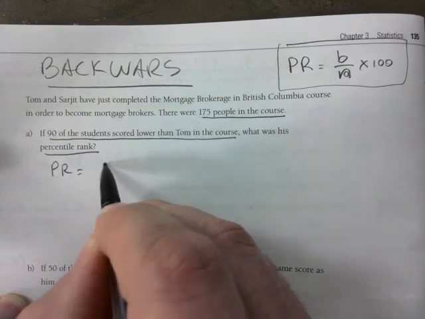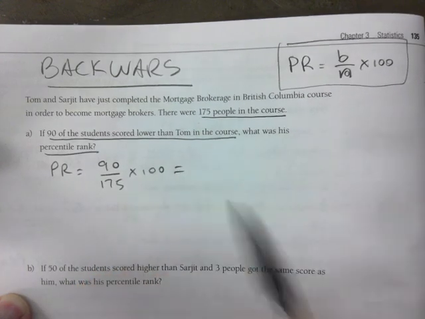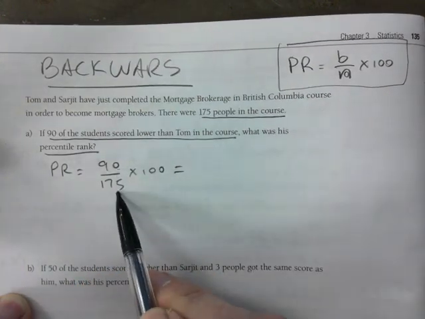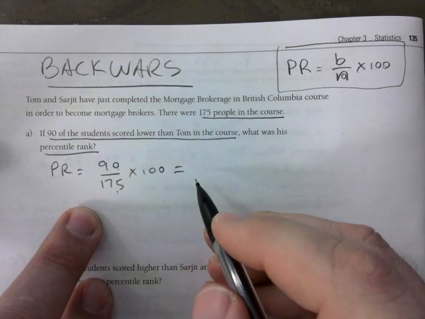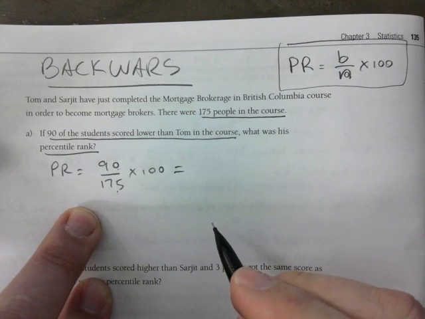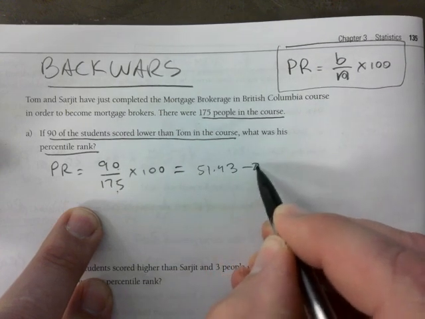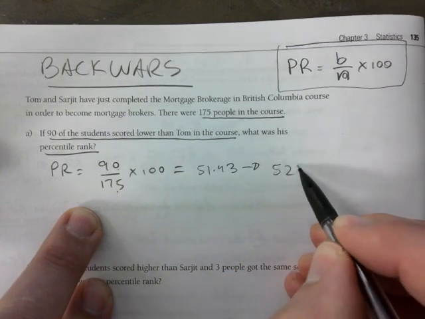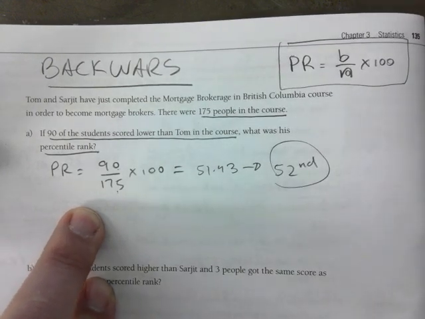You're supposed to just figure out this part: 90 scored less, there were 175, and we're assuming that includes the two of them. So we are at 51.43, which we can't leave like that. You have to round up or down. I usually round up.